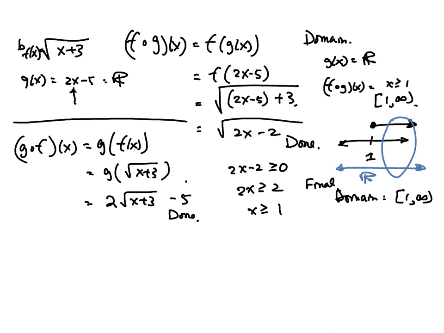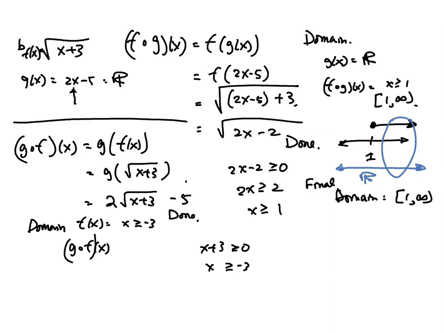Now the domain for f of x is x is greater than or equal to negative 3, right? Because x plus 3 has to be greater than or equal to 0, so x is greater than or equal to negative 3. Final function, g circle f of x, right?